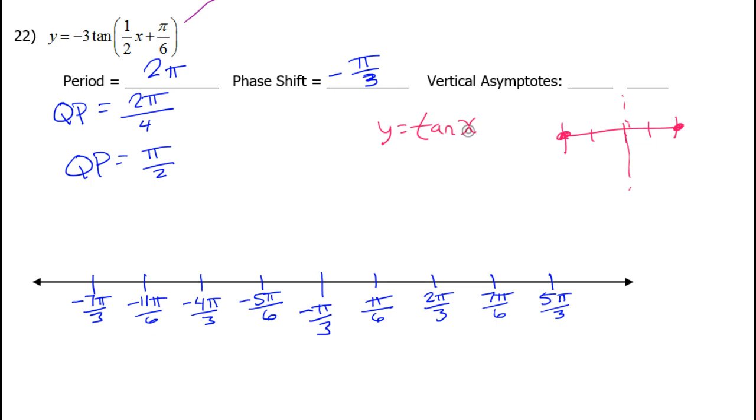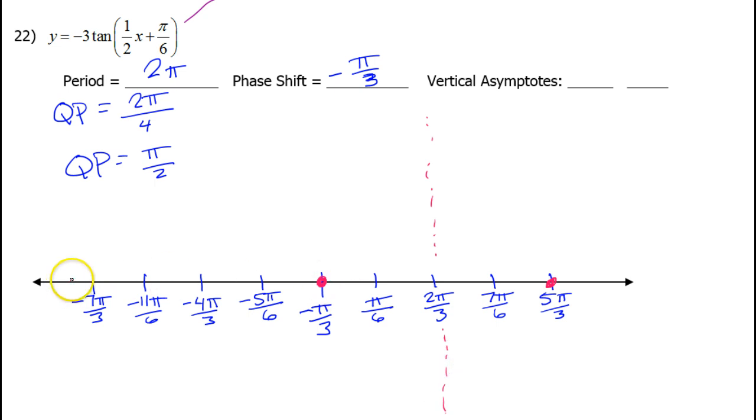So that's what I'm about to do right now. My period begins with the phase shift and ends here at the final mark. So the tangent function begins and ends on the midline with a vertical asymptote right down the middle.